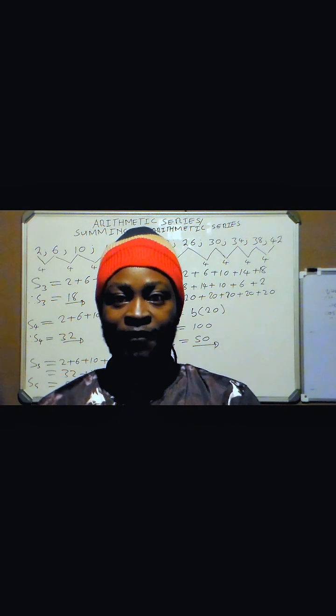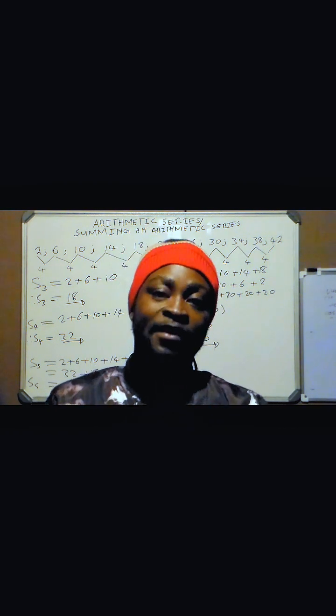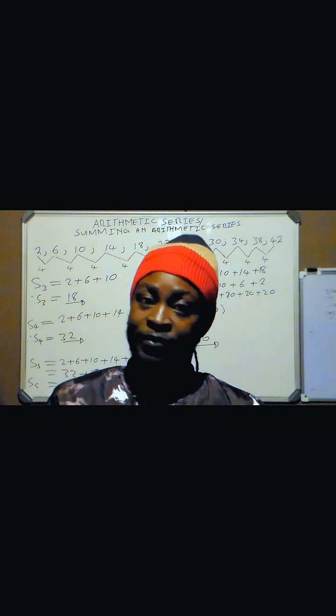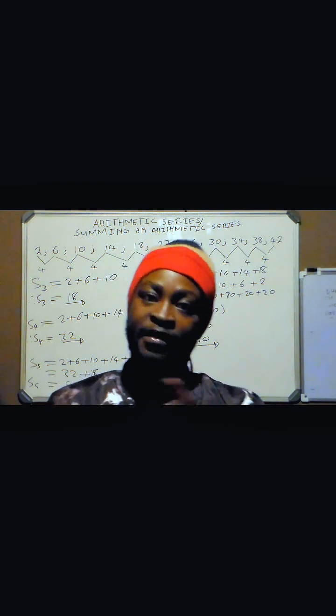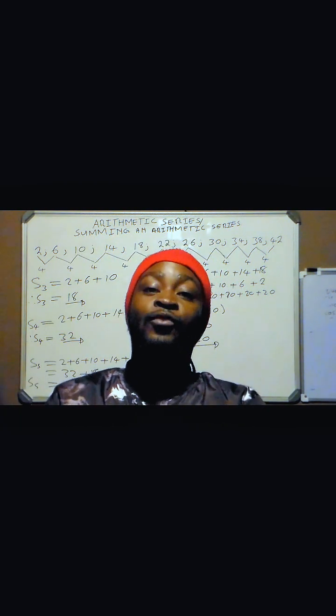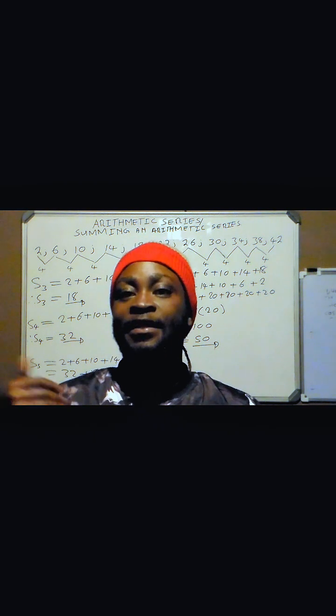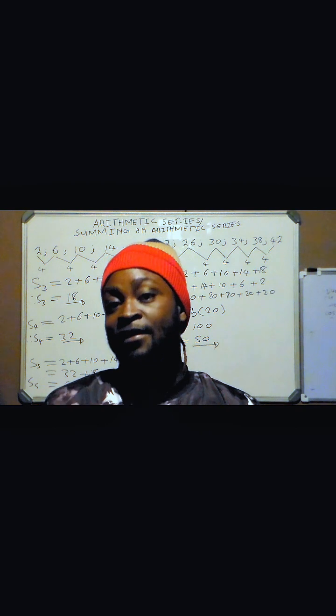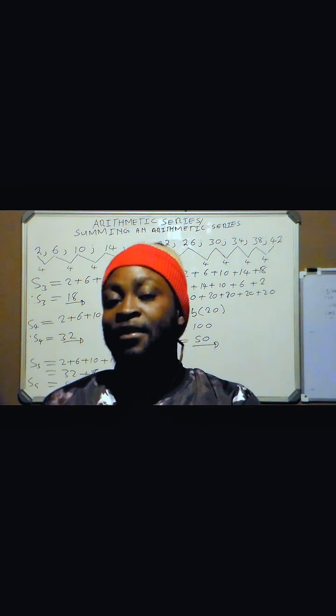So whenever we are dealing with an arithmetic series, we can write the expression of the series and then write the reverse of that expression and then add the 2 series together. Then we should get a constant value that is added up. So if we're looking for the sum of the first 3 terms, that constant value has to be added 3 times.